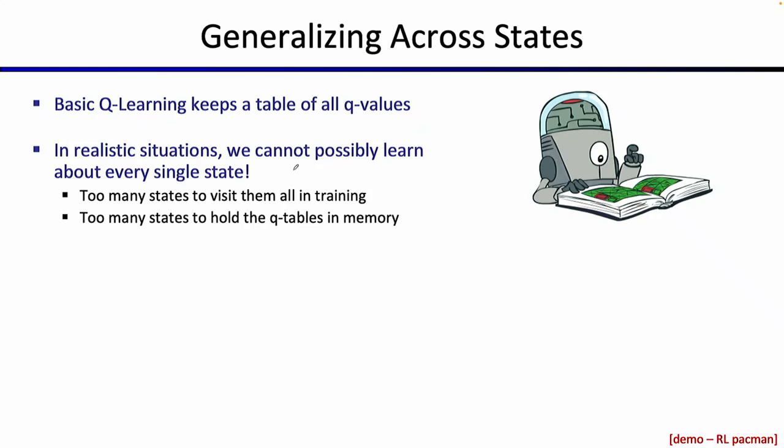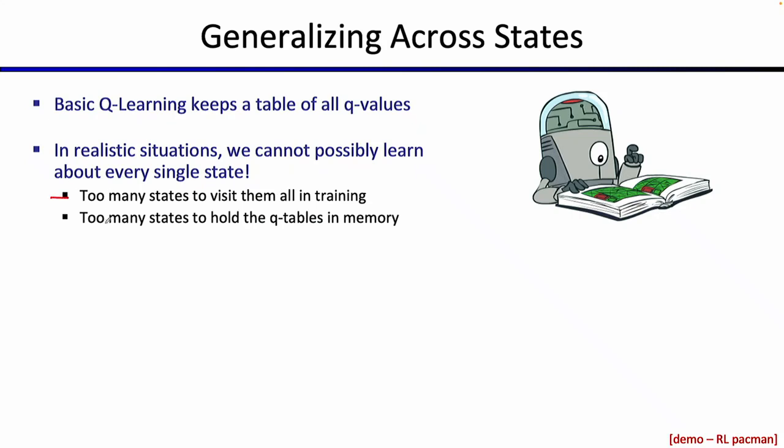But there are two problems with doing this. One of the problems is that we cannot possibly learn about every single state in the world during training. So we have to potentially make some more powerful inferences or generalizations and decide how to act without seeing certain states, but maybe transferring what we know from similar situations.